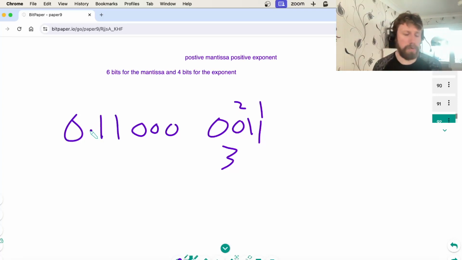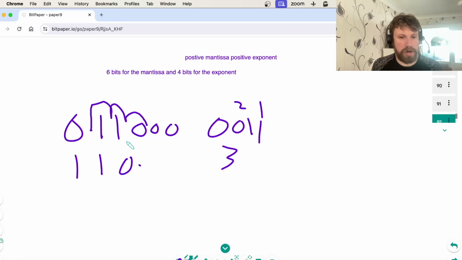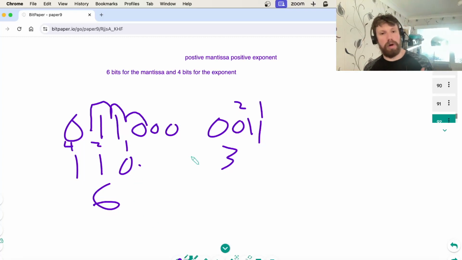So we put our decimal point there, and then we move it 3 places to the right: 1, 2, and 3. We redraw our number, 1, 1, 0 there, and then we put 1, 2, and 4, and we can see that this number is going to be 6.